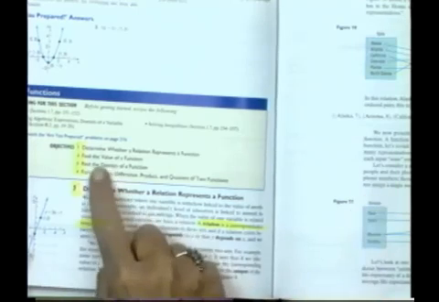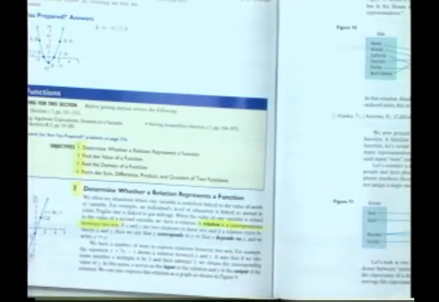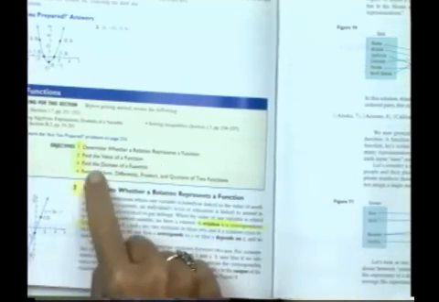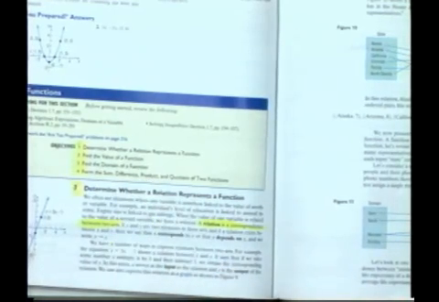One value for y. What does it mean to find the value of a function? You put in that value for x and get out a y value, the value of the function. What does it mean for the domain of a function? You're looking for what values of x give you a real y value, a real number y value.